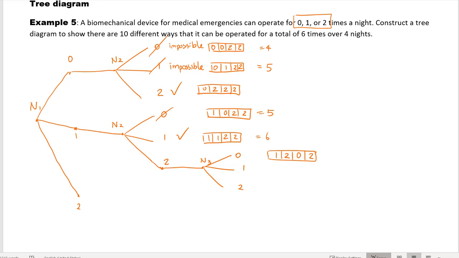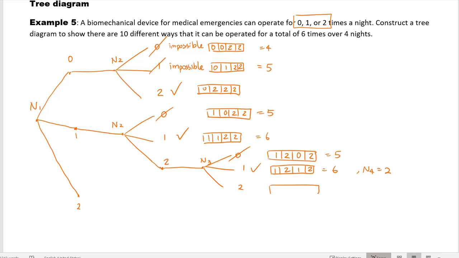So even though we get 2, the maximum is 5. So this is impossible, right? So we don't get 6 times. And let's see here. This is 1, 2, 1. If we get 2, this is 6 times. Good. So this is good. And we know N4 must be 2.